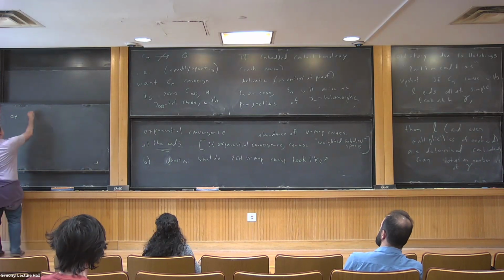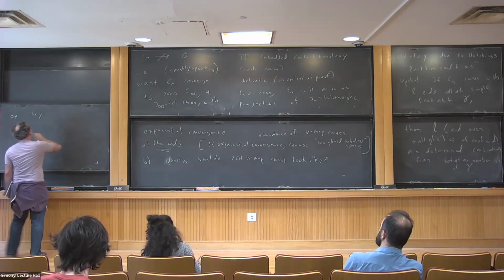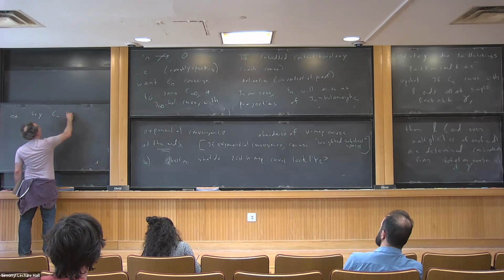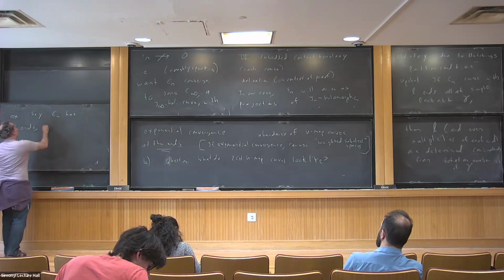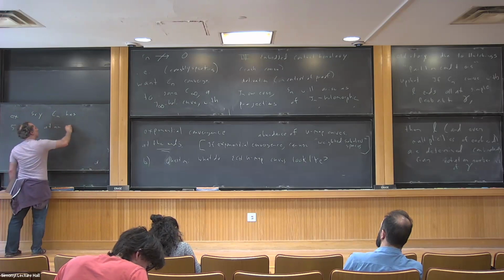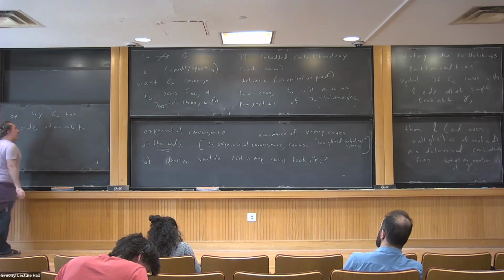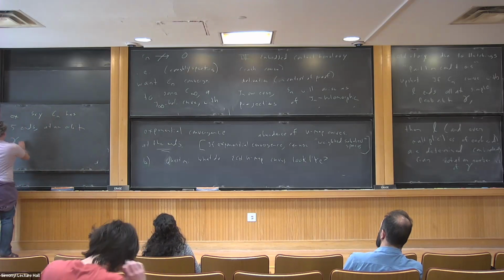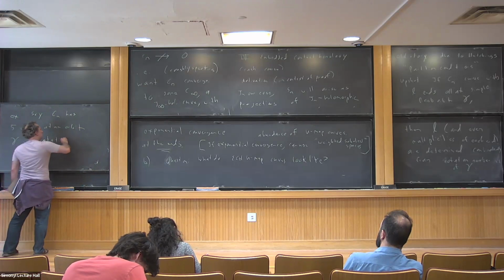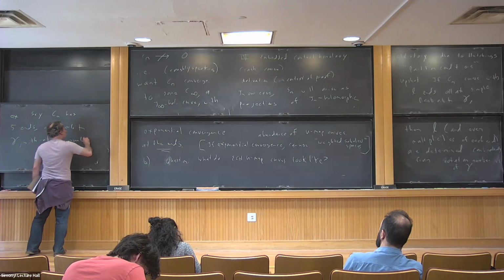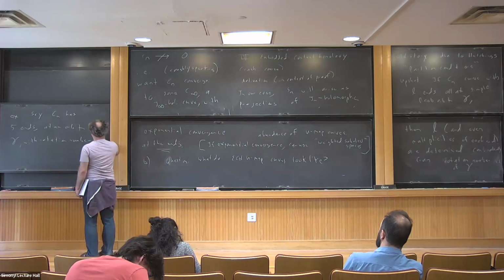Let's say Cn has 5 ends at an orbit gamma with rotation number less than 1/5.